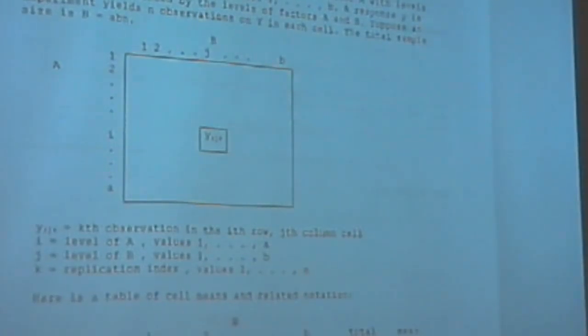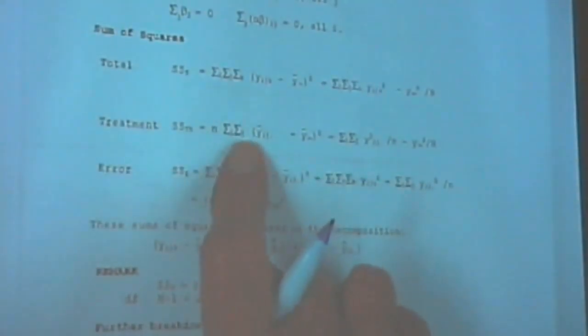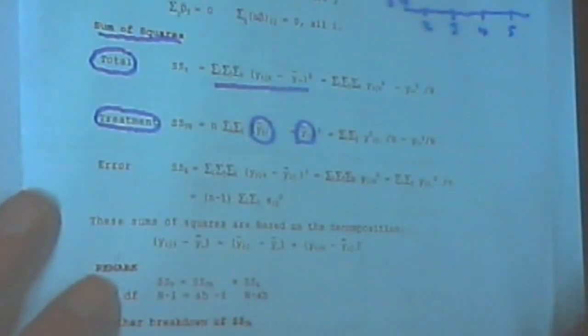Now it looks like a one-factor problem. Whatever the complex name of this factor is, we don't really need to care. There's a row of cells, we have data in each of those cells, and we want to calculate what we called before sum of squares treatment. Well, that's exactly what this is. So it's the old sum of squares treatment in our one-way view.